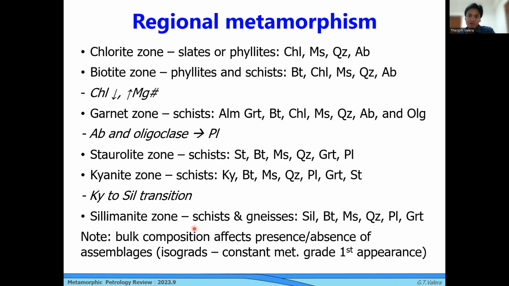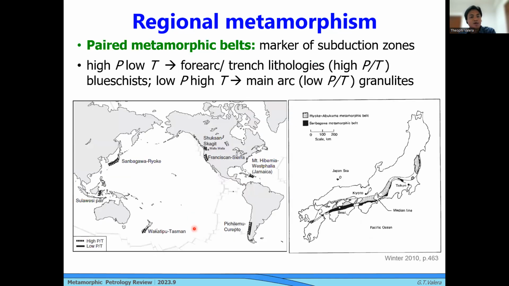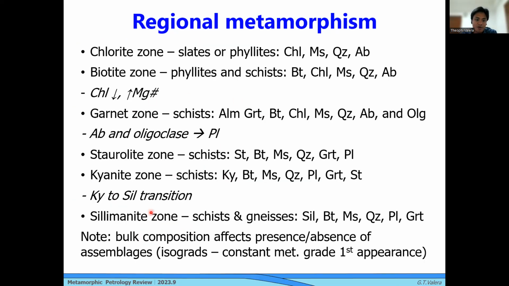Yeah. So, na-mention ko before, yung paired metamorphic belts. So, yung kanina, this is yung Barrovian series. Ito yung nag-represent ng arc, essentially, yung island arc or continental arc natin.